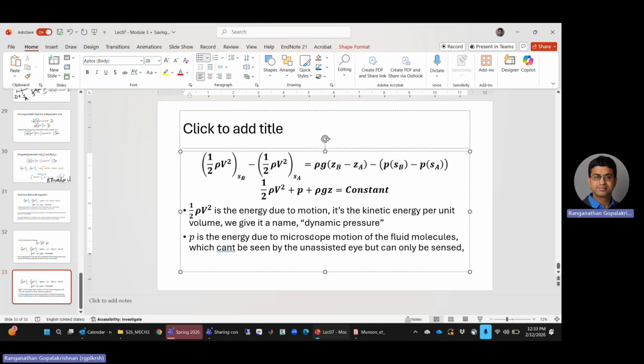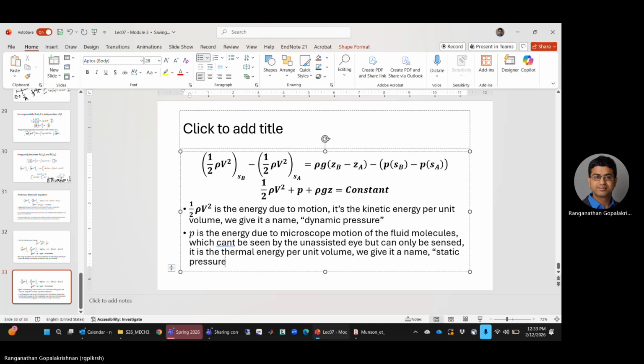It is the thermal energy per unit volume. We give it a name. Henceforth, it is called static pressure. No more calling it just pressure, because pressure itself is an umbrella term. We are going to call it static pressure.